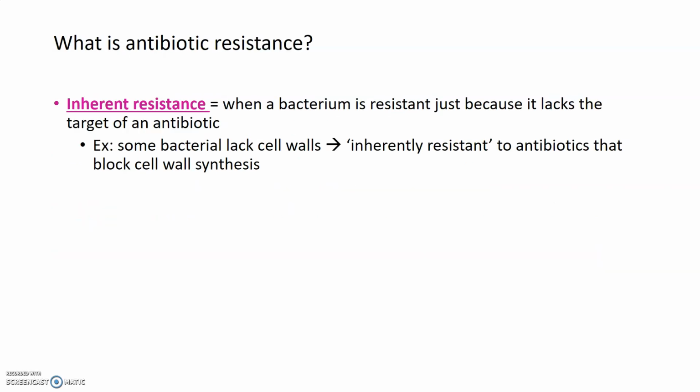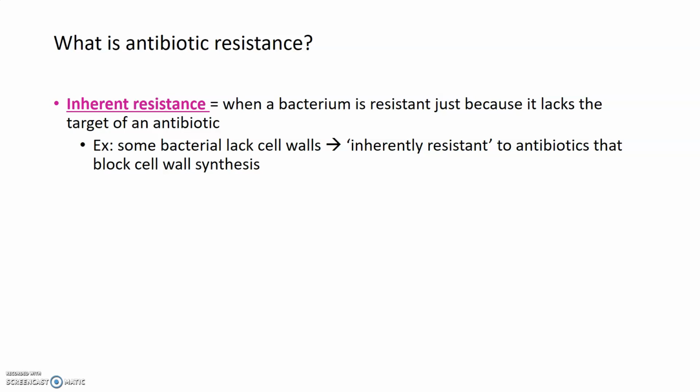And so, as we had talked about in previous lectures, antibiotics are chemicals that can harm or prevent the growth of bacteria. And there are different types of resistance to these antibiotics, one of which is known as inherent resistance. Inherent resistance is the resistance that results intrinsically when a bacterium is resistant just because it lacks whatever the antibiotic is targeting.